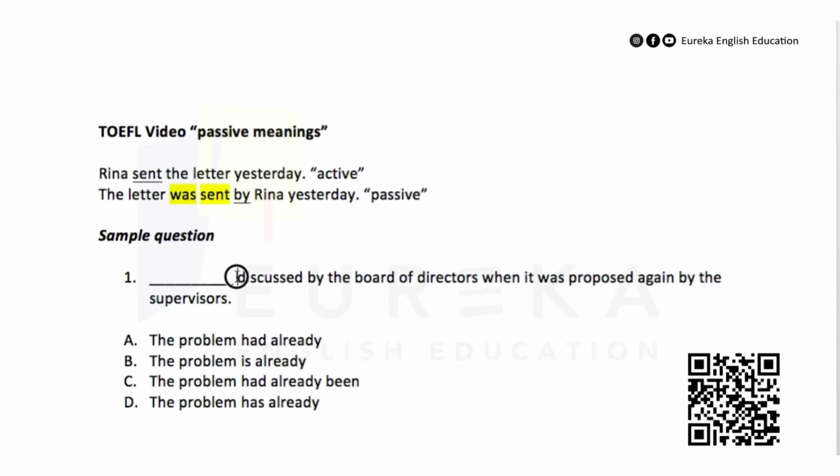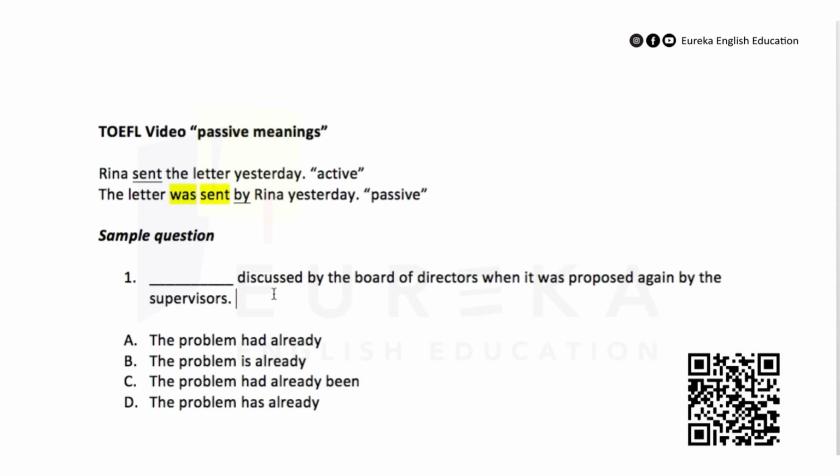And if you look at the verb, there is a verb here which is discussed. But if we pay attention more closely, we can see that there is a preposition after this verb, the preposition by the board of directors, which indicates this sentence needs a passive verb or a sentence which has a passive meaning.